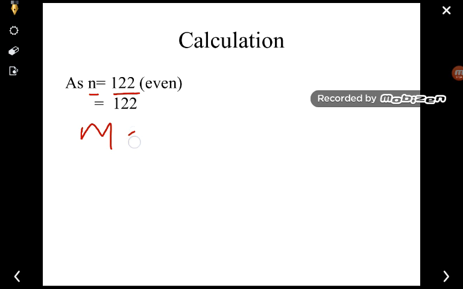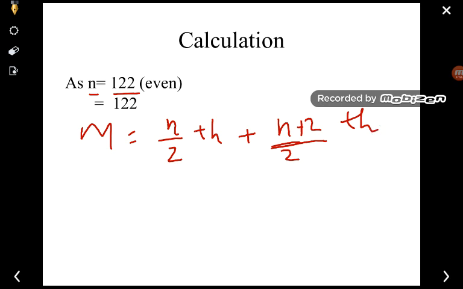What is the formula? In case the number of observations is even, the median is the average of the (n by 2)th value and the ((n by 2) plus 1)th value. These are the two values of which we have to find the average.